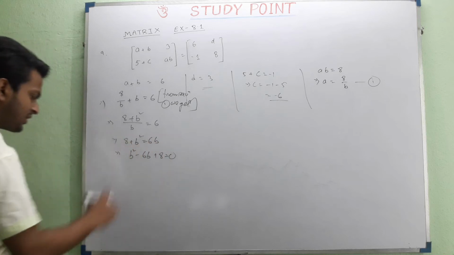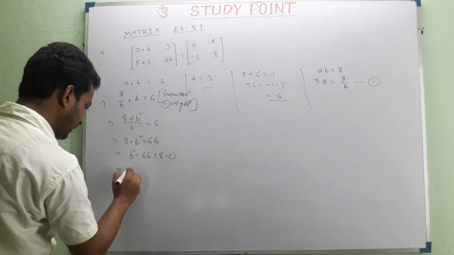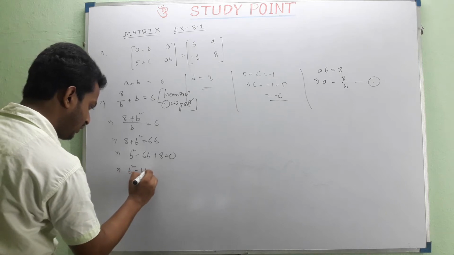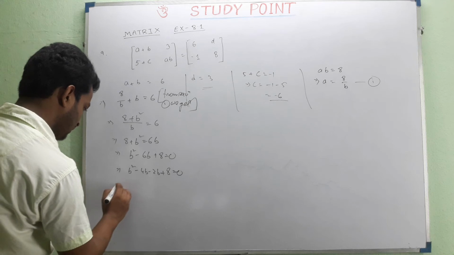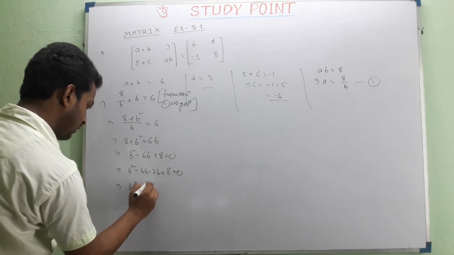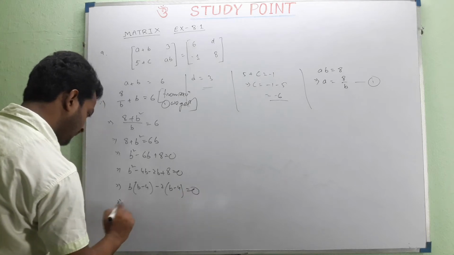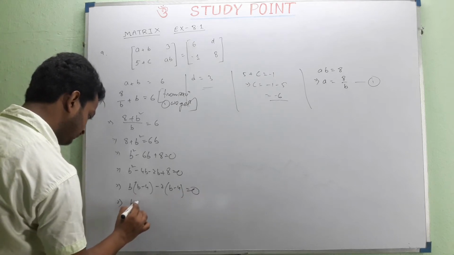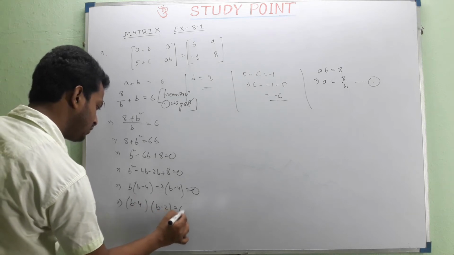6b is just changing its side, so plus 6b will be minus 6b. Now from here we can write b square minus 4b minus 2b plus 8 is equal to 0 after the factorization process. After taking this as common, it will be like that. If we take b minus 4 as common, the remaining thing will be b minus 2 is equal to 0.